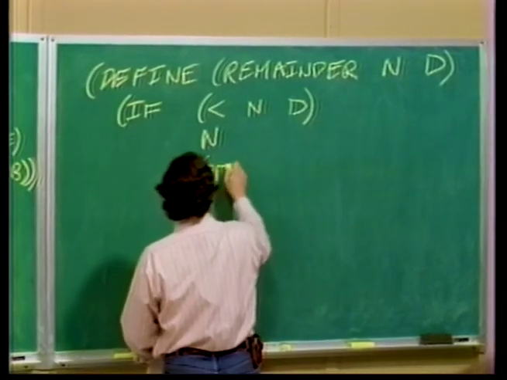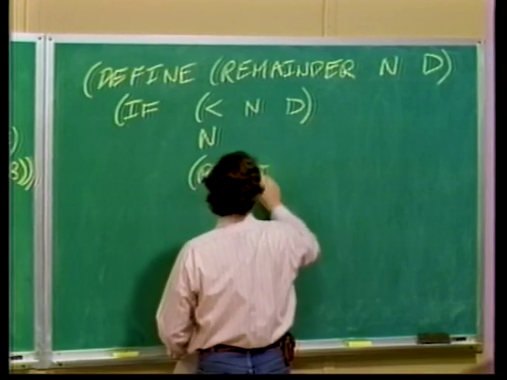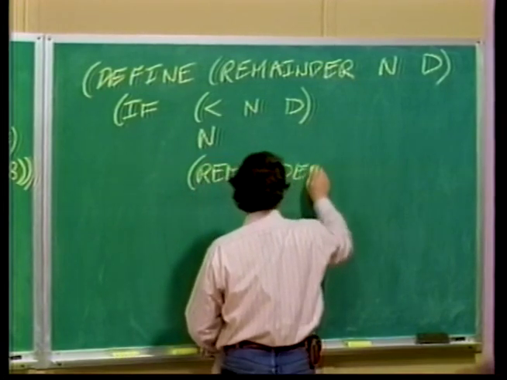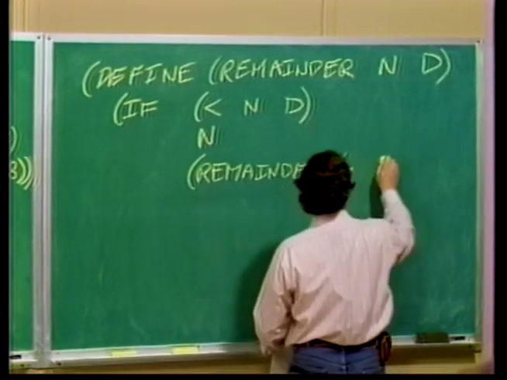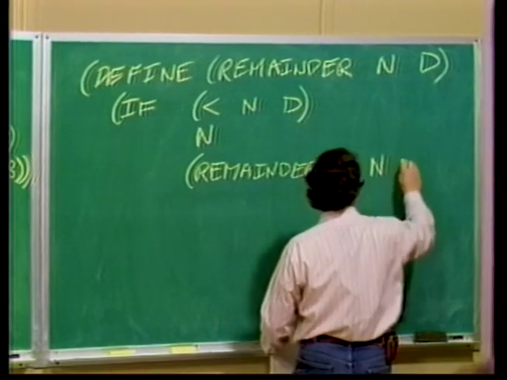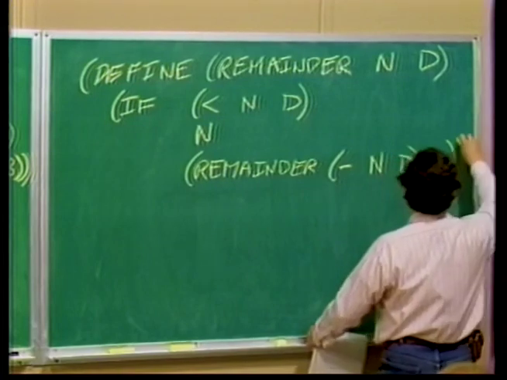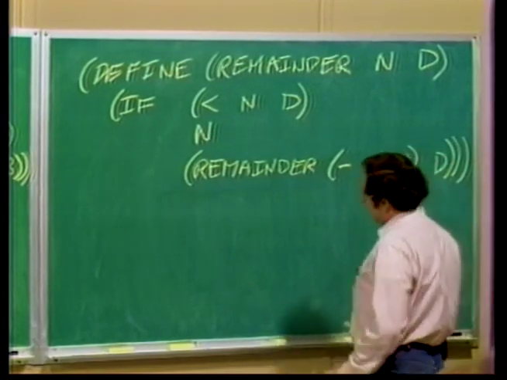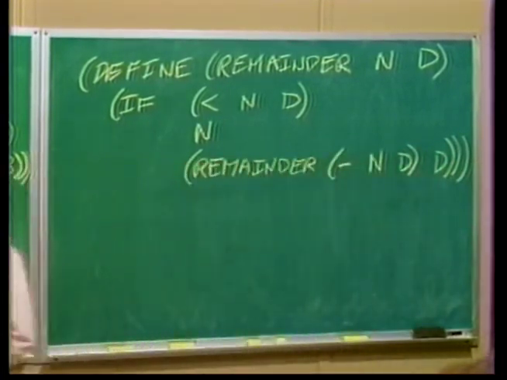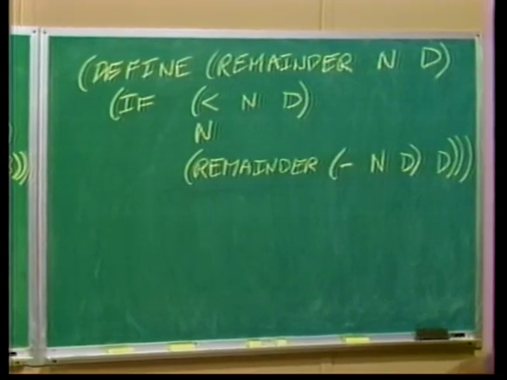Otherwise, the remainder when we subtract d from n, with respect to d, when divided by d. Gee, this looks just like the GCD program.